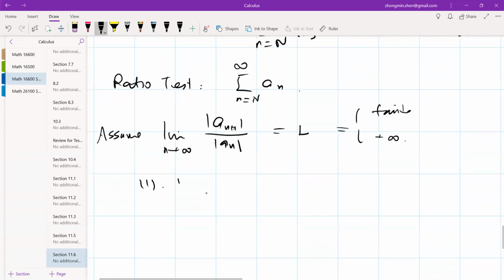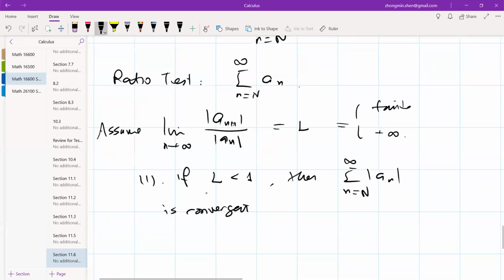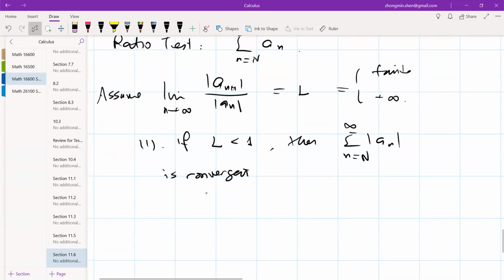Then the first condition is: if L is less than 1, then the series of absolute values of these terms is convergent. If this is convergent, of course, the original series is absolutely convergent, because you only consider the absolute value. Second, if L is greater than 1, then what happens?